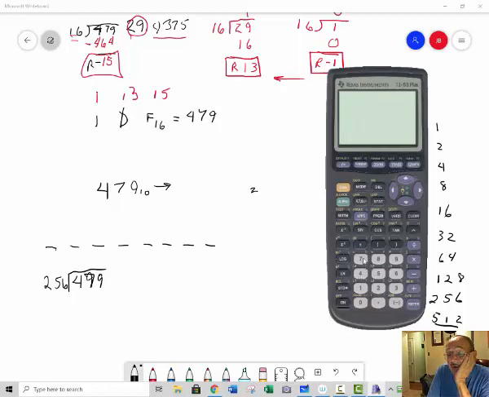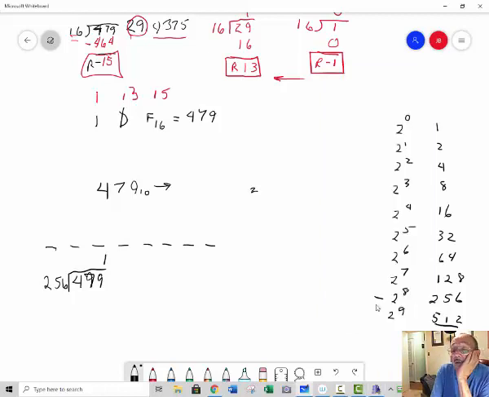What is 479 divided by 256? And that is 1 with a remainder. So that means that I'm going to have, this is 0, 1, 2, 3, 4, 5, 6, 7. I need one more. 8.